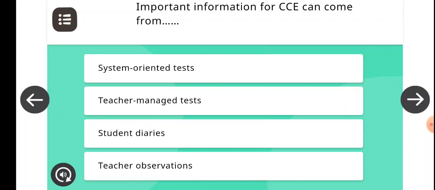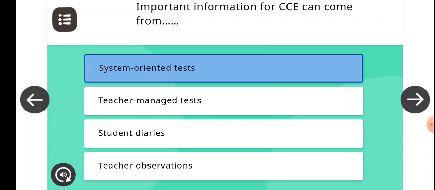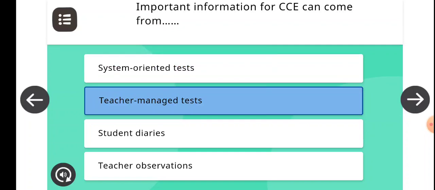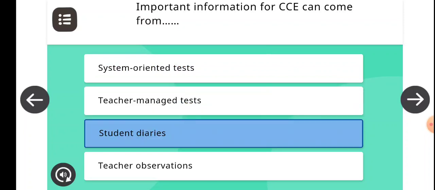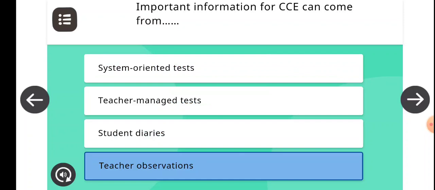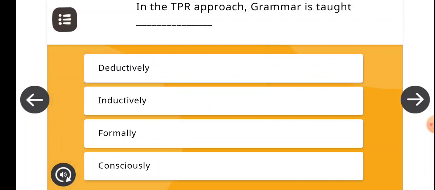So this important information for CCE can come from system-oriented tests conducted by the government, or teacher-managed tests conducted by teachers, such as formative assessments, assignments, or student diaries. Through teacher observations, we can get much more important information for CCE. So teacher observations is the right answer.